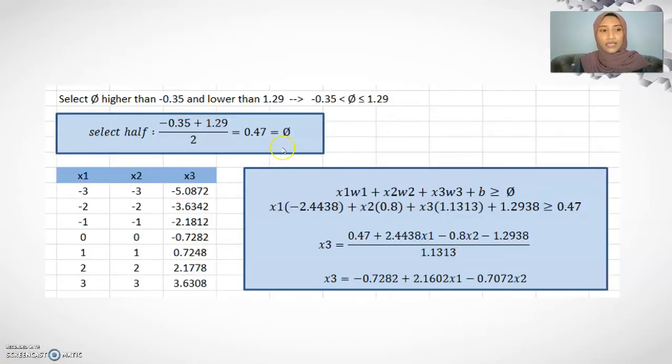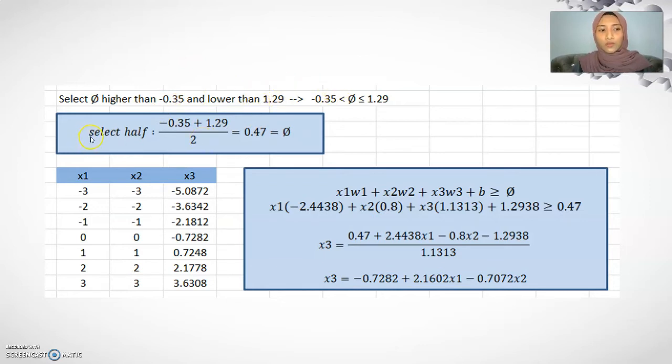Next, select a theta higher than -0.35 and lower than 1.29. As we can see, we need to select a value in the range between the lowest of class A and the lowest of class B.